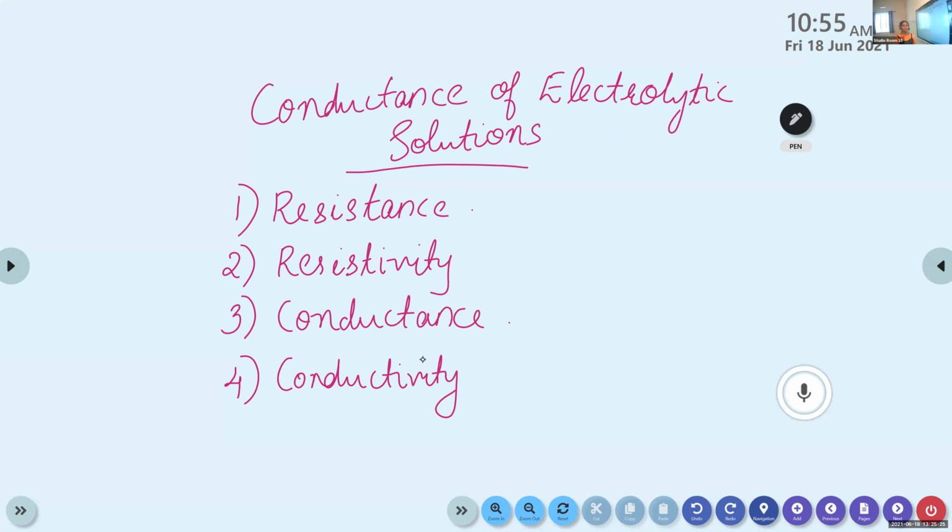Okay, so these are the four terms that we need to define. All these four terms are interrelated.